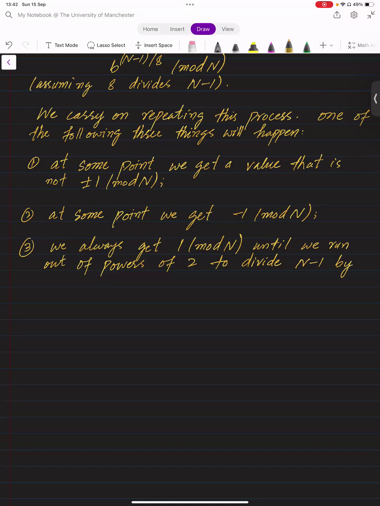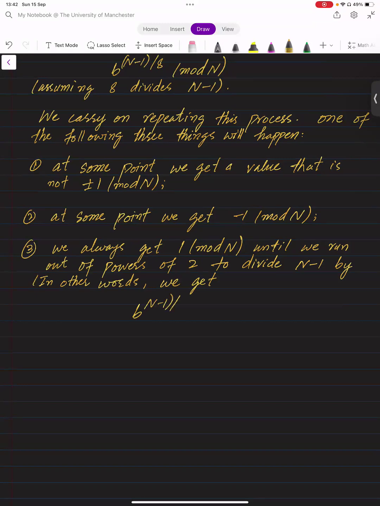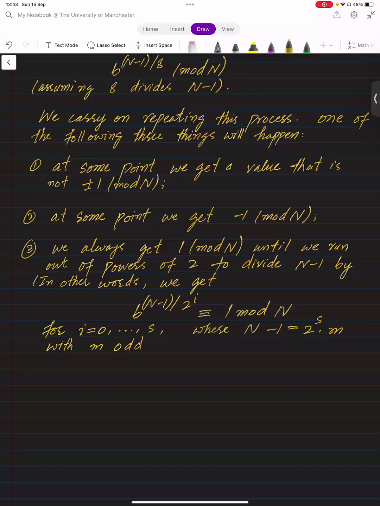In other words, we get b power (n -1) over 2^i is congruent to 1 mod n for i from 0 to s, where n -1 is 2 power s dot m, with m odd.